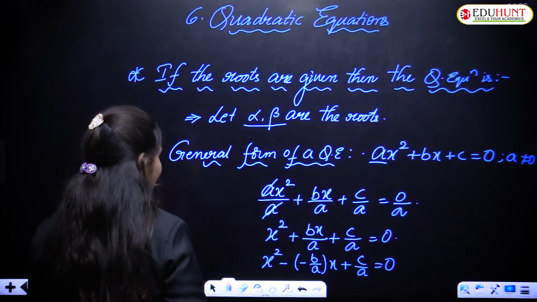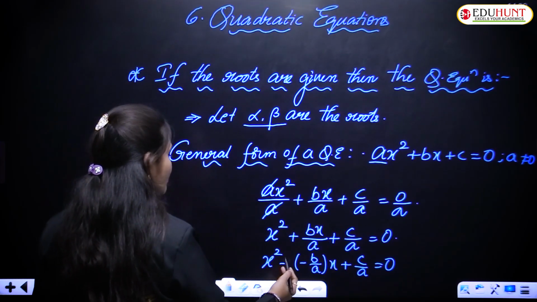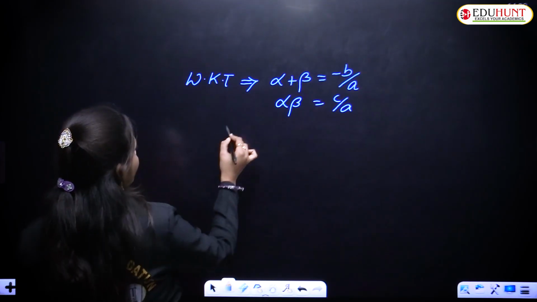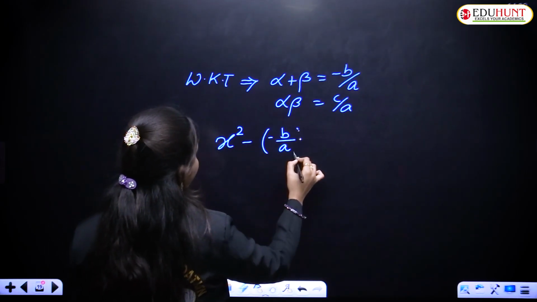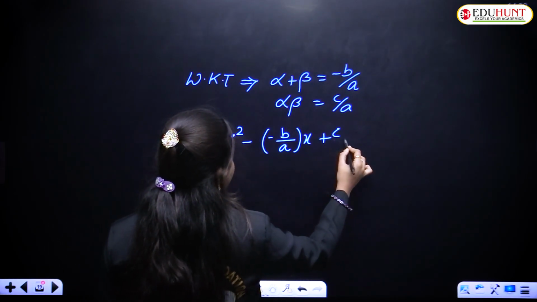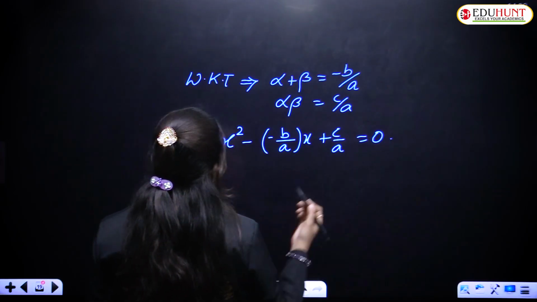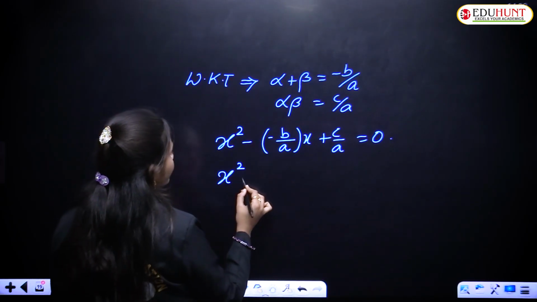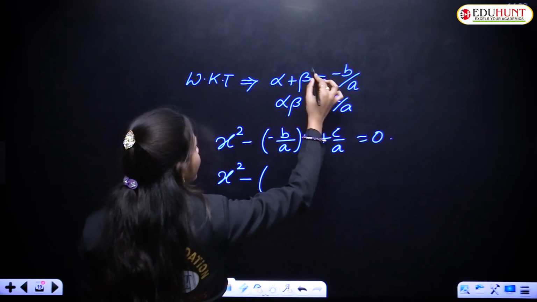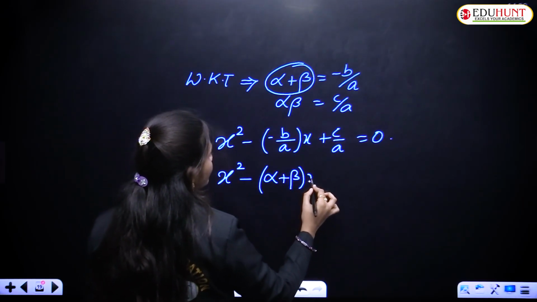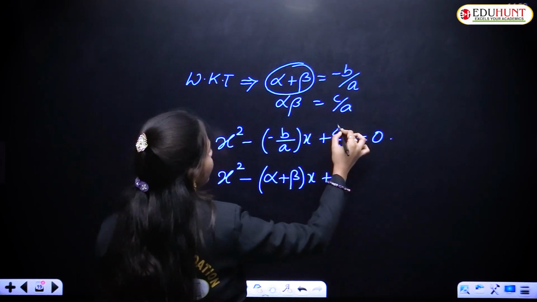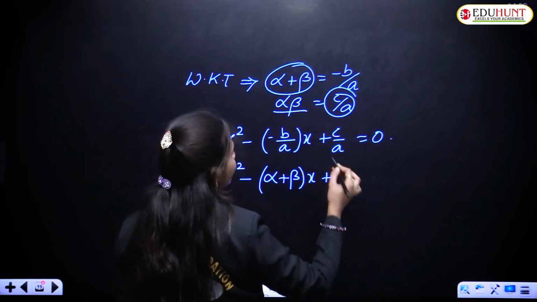So by using those conditions, what is there? x square minus, what we got, the same equation I am writing again: minus b by a into x plus c by a is equal to 0. So here x square minus of, minus b by a is alpha plus beta, the sum of the roots, into x plus c by a, here c by a is alpha beta.